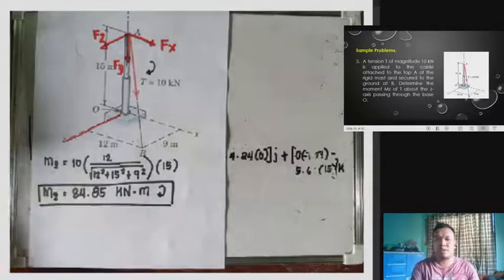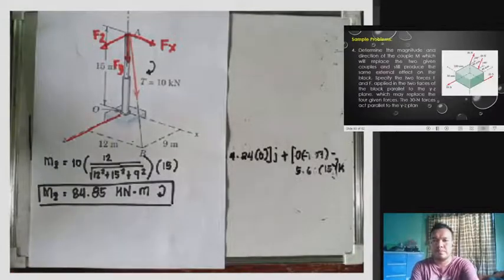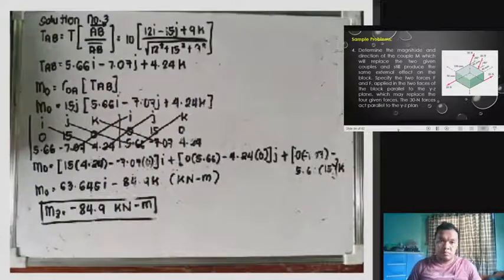Okay, next problem tayo. Problem number 4: determine the magnitude and direction of the couple moment M, which will replace the two given couples and still produce the same external effect on the block.